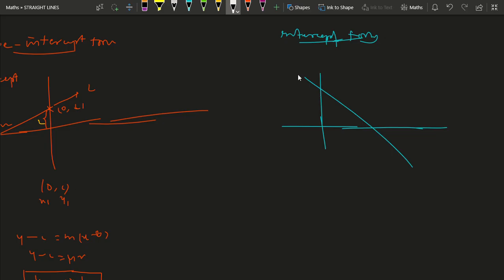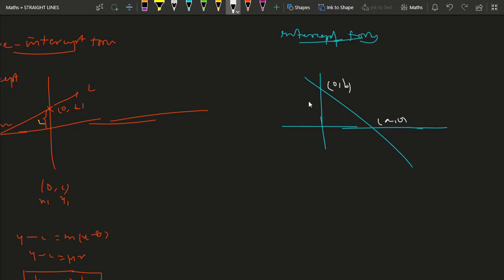This line cuts the y-axis at 0, B, and cuts the x-axis at A, 0. So now you understood: x-intercept is A and y-intercept is B.